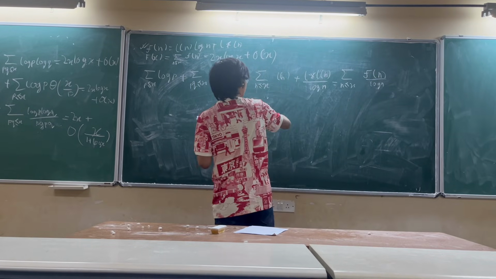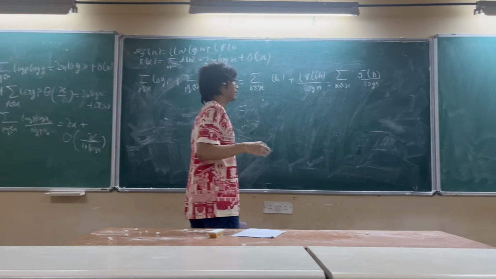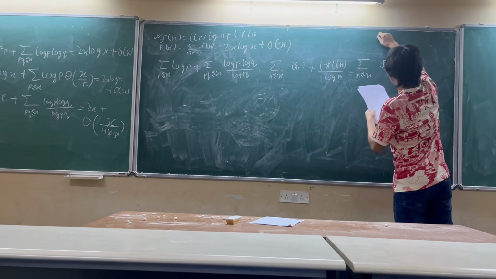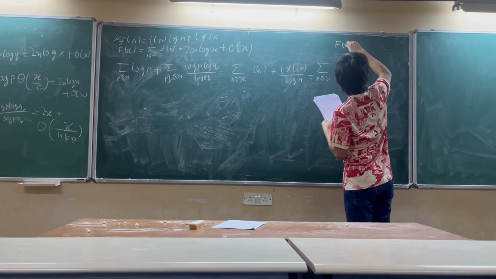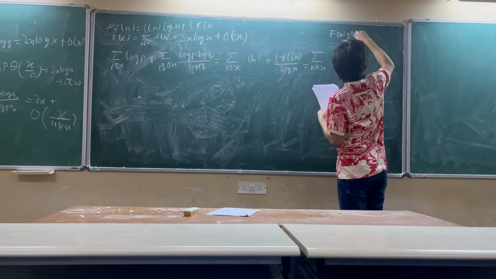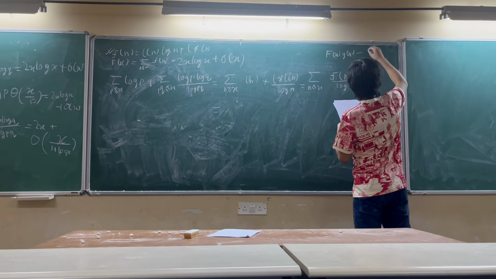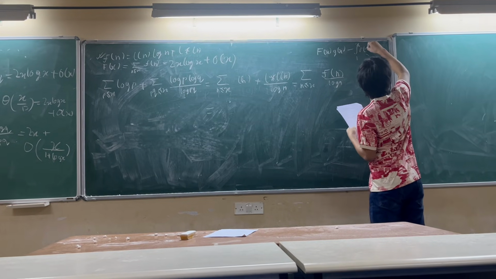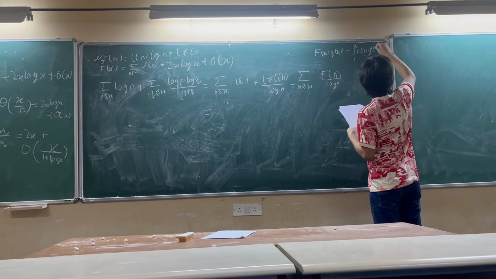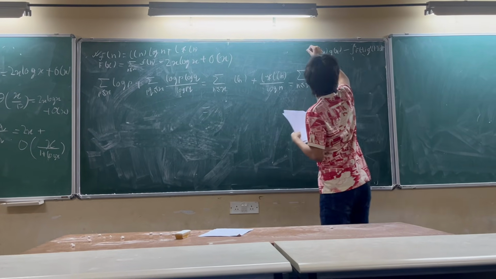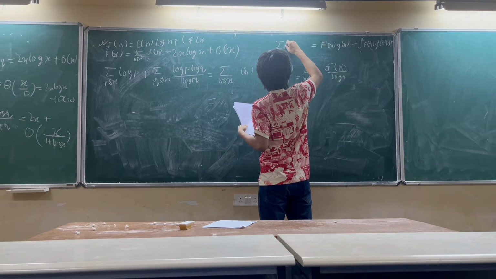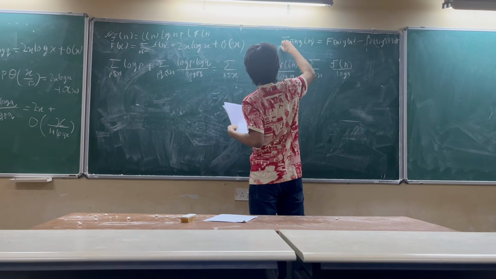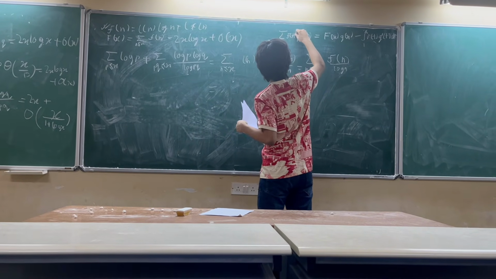So here we can use something we call partial summation, where g was assumed to be a continuously differentiable function.